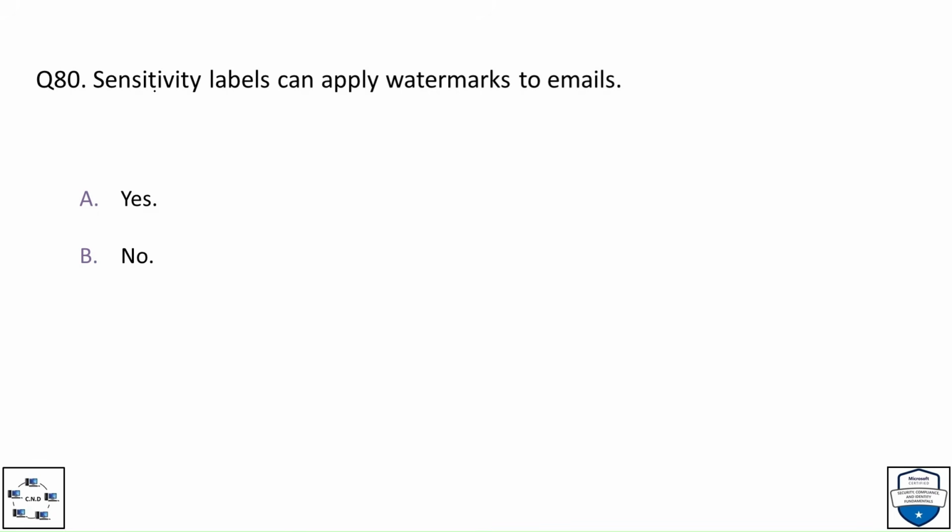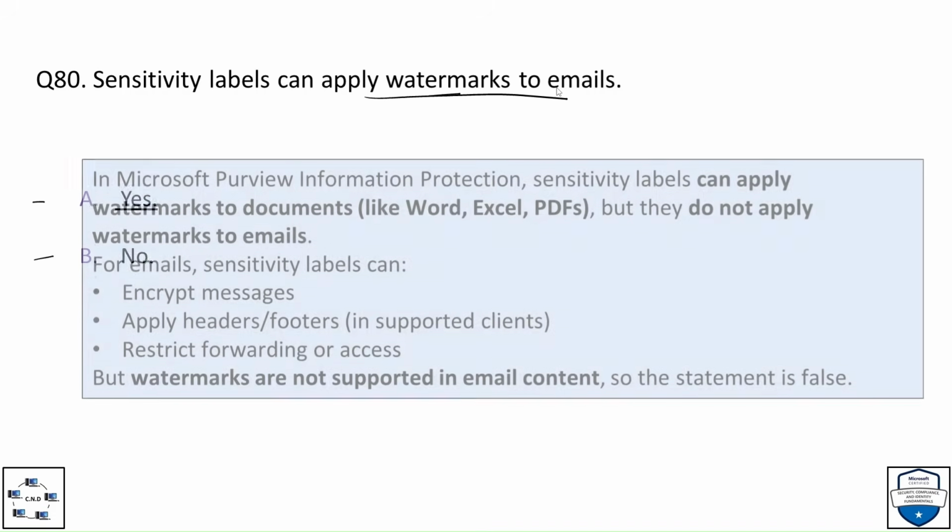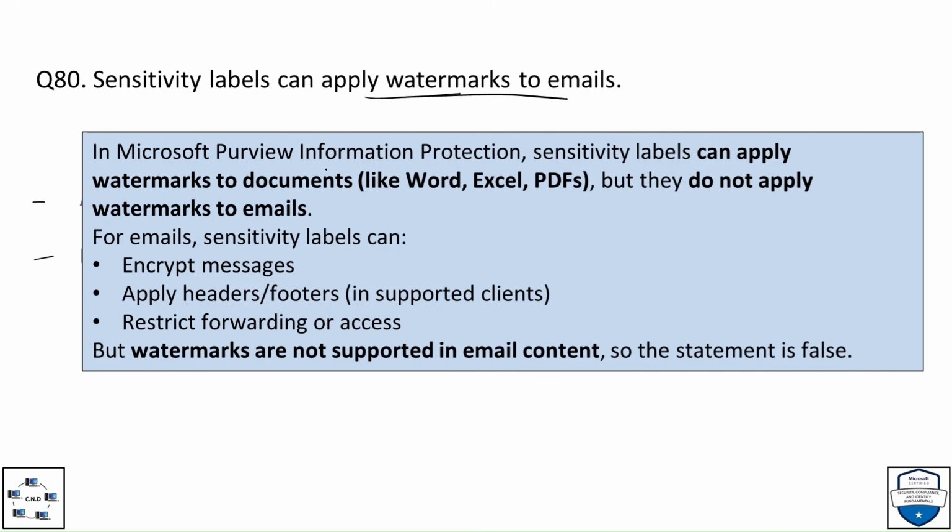Question number 80. Sensitivity labels can apply watermarks to emails. Option A, yes, and option B, no, and the correct option is yes. So sensitivity labels can indeed apply watermarks to emails. In Microsoft Purview Information Protection, sensitivity labels can apply watermarks to documents like Word, Excel, and PDF, but they do not apply watermarks to emails.